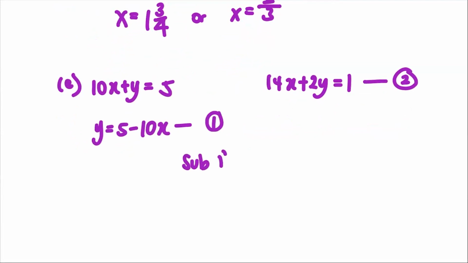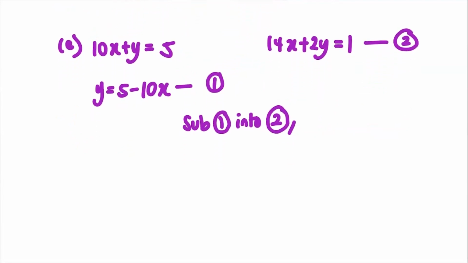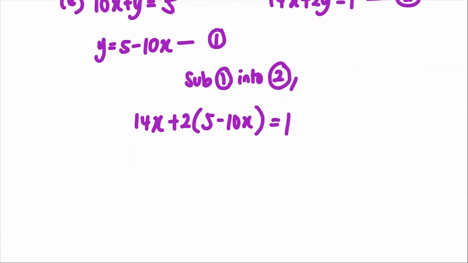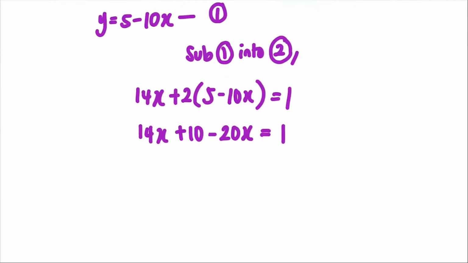Sub equation 1 into equation 2, and we get 14x plus 2(5 minus 10x) equals 1. Simplify it down: 14x plus 10 minus 20x equals 1. Then negative 6x equals negative 9. Same thing.